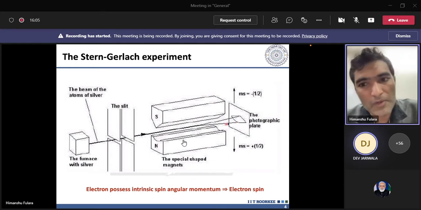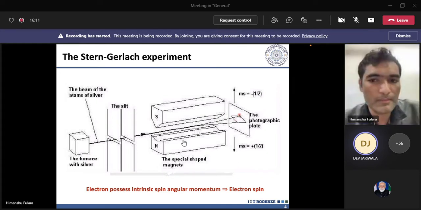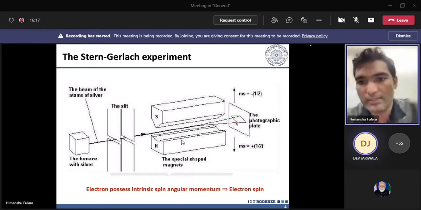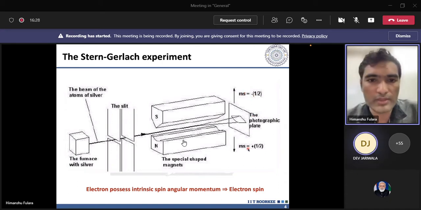But what was found here is there were deflections only at these two points. So that experiment shows that electron can have two spin orientations, one spin up. That's why it was shown as, this is the magnetic spin quantum number. So spin up and spin down electrons.